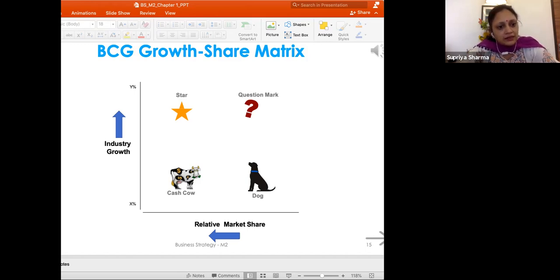So neither is there industry growth nor market share. Generally here we adopt more retrenchment strategies, because these firms can gain market share only at the expense of competitor rivals.